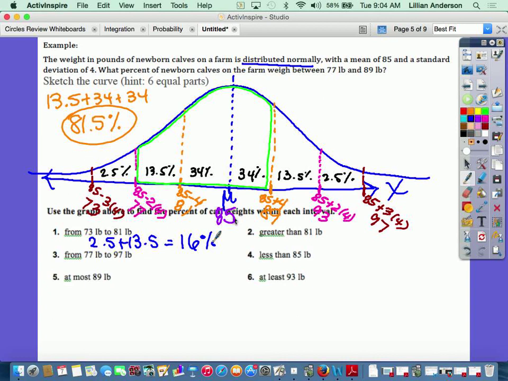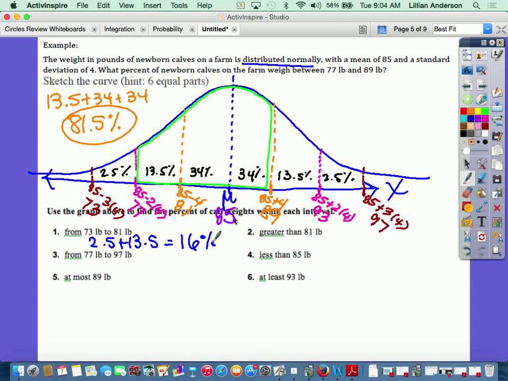Greater than 81 pounds. What percentage of our calves were greater than 81 pounds? Said 84. How did you get 84? That is one way you could do it. And that's another way you could do it.